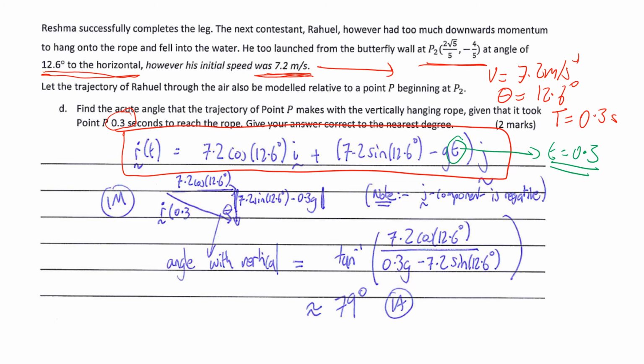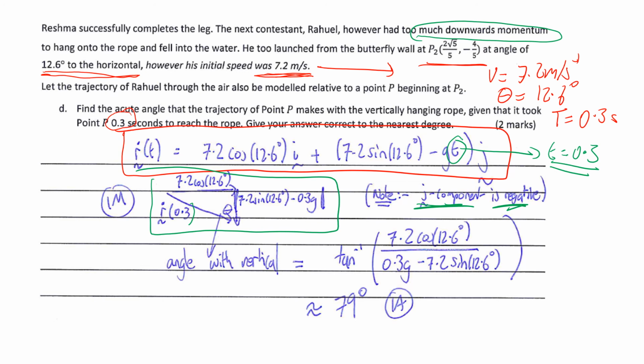So you can see this equation models what's going on here. It's the component of the velocity vector at 0.3, where I replace t with 0.3. If you actually did 7.2 sin 12.6 minus 0.3 times 9.8, you'd see it has a negative component. We know that the j component is negative because we're talking about too much downward momentum, but the maths would do it for you. It turns out to have a negative value.